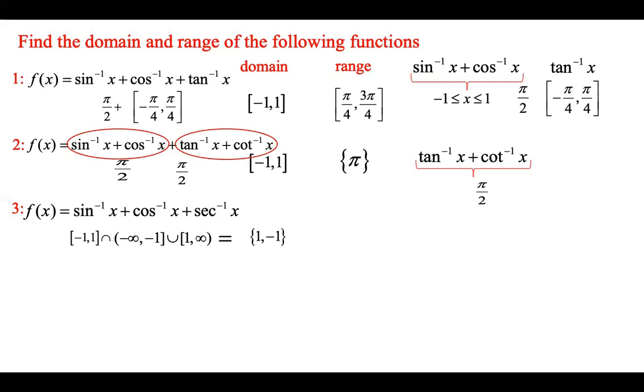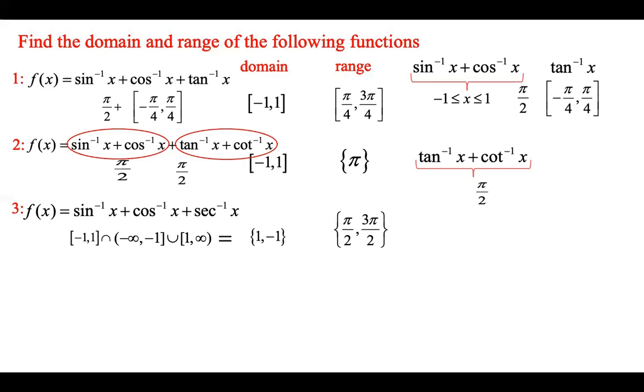Now when you calculate its values at 1 and -1: at 1, sin inverse x plus cos inverse x is pi by 2, and secant inverse of 1 is 0, therefore one value is pi by 2. The other value, at -1, again sin inverse x plus cos inverse x is pi by 2, and secant inverse of -1 is pi.